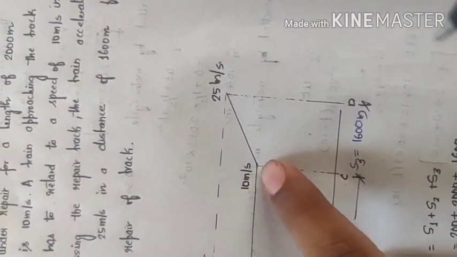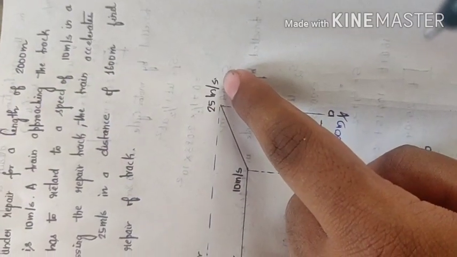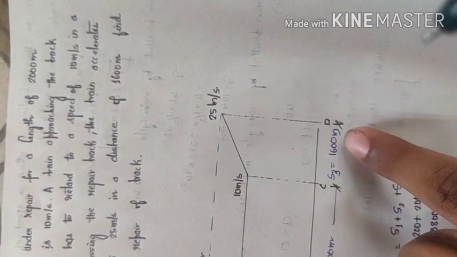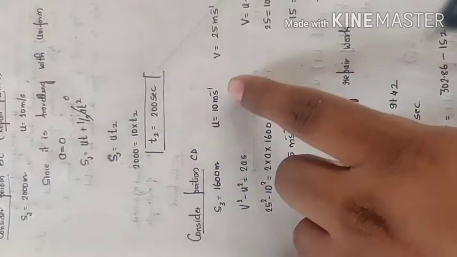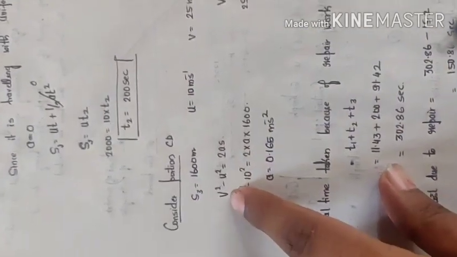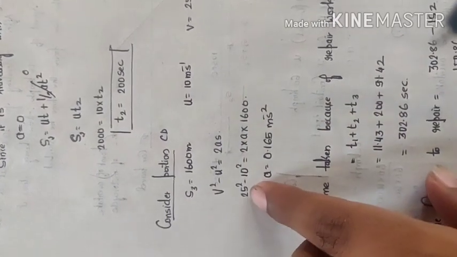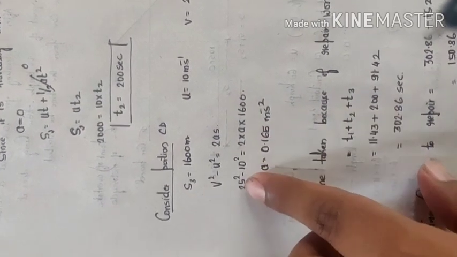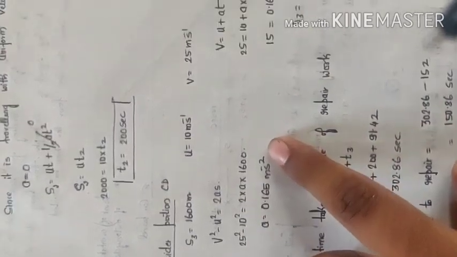Similarly, moving on to the third portion. Here the initial velocity of the train is 10, and the final velocity will be 25 meters per second, for a distance of 1600 meters. So S3 is 1600 meters, initial velocity is 10, final velocity is 25. Again we calculate the acceleration using v squared minus u squared equal to 2as, and you will get 0.165 meters per second squared.